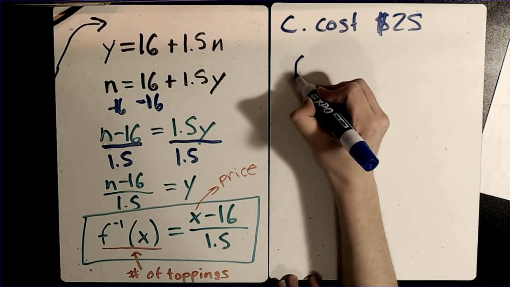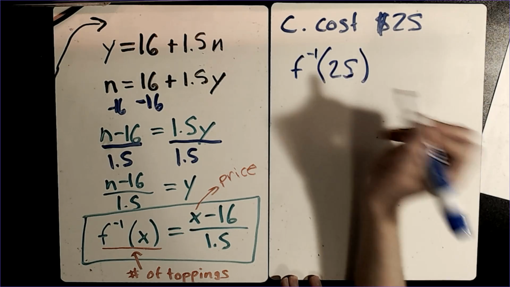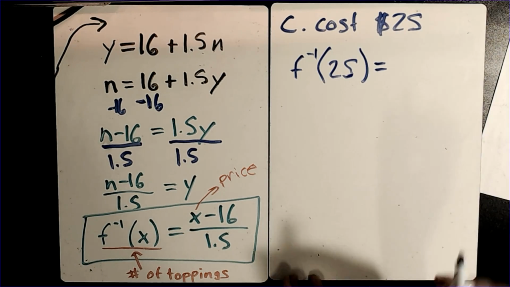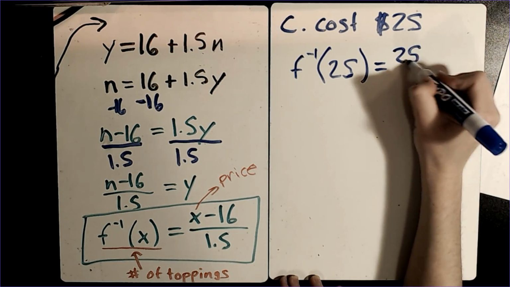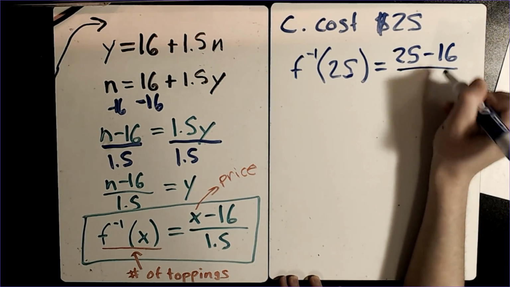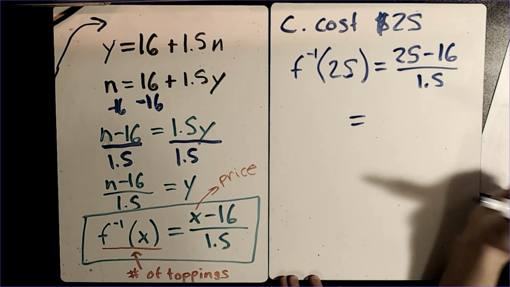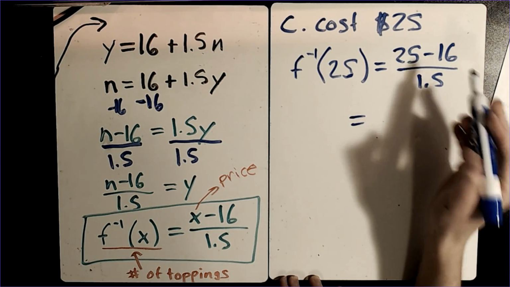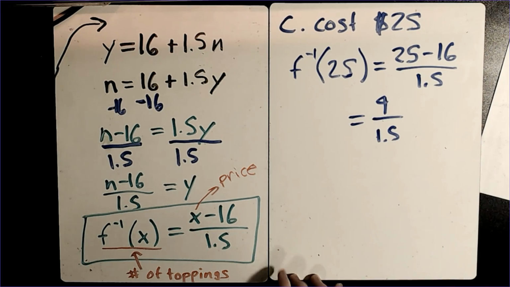So I'm just going to be doing the inverse function at 25, and that is going to give us the number of toppings. Okay, so we just plug in 25 for x here. So we get 25 minus 16, I think is 9, divided by 1.5. I don't remember what that is off the top of my head.